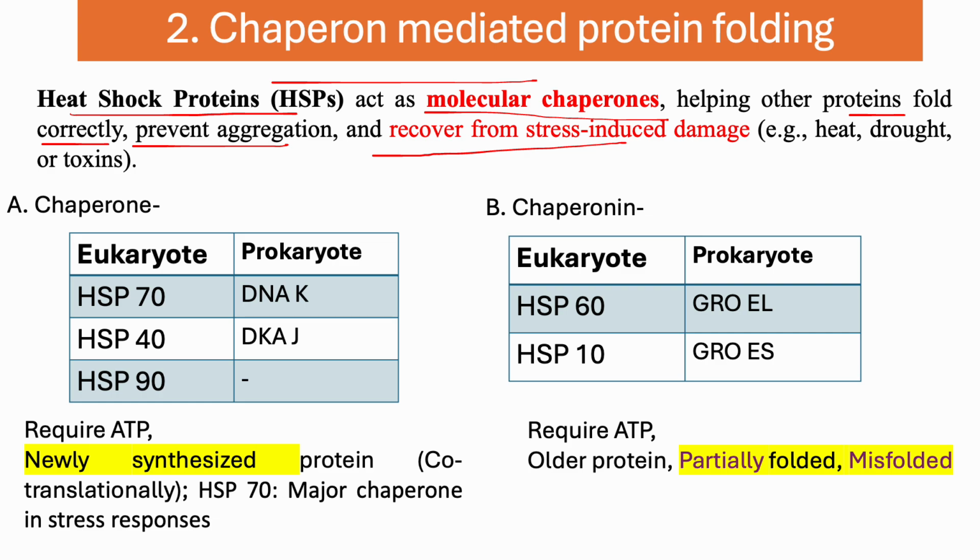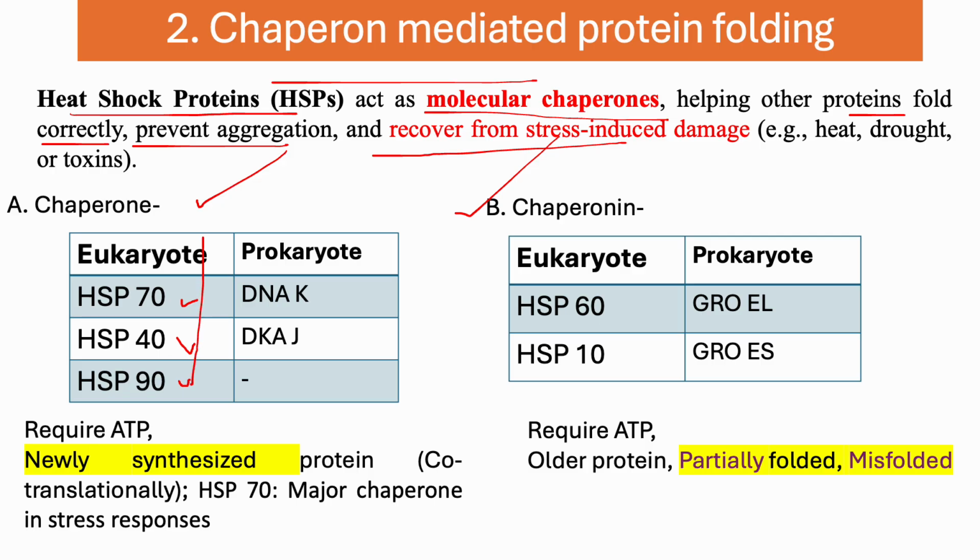So two types are found, one is chaperone and another one is chaperonin. Let's talk about this. In chaperone, in eukaryotes we find HSP 70, heat shock 70. Why is it called 70? Because it is 70 kilodalton. And HSP 40 and also HSP 90. These three chaperones are found in eukaryotic cells.